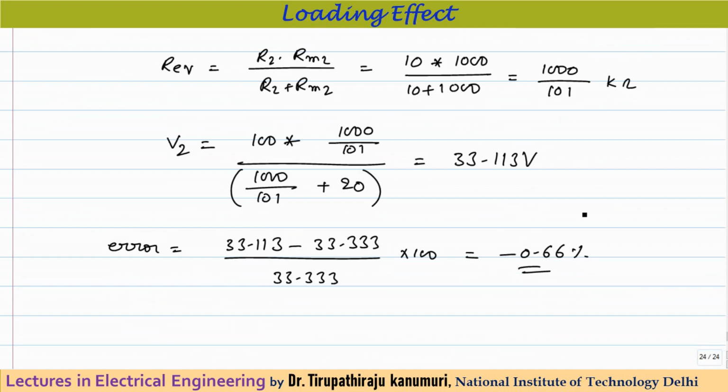Or in other ways, we can tell in another sense, the second instrument has more input impedance when compared to the first voltmeter. So from this we can conclude that the voltmeter having more impedance will have less error compared to the voltmeter having lower impedance, or otherwise in terms of sensitivity we can tell that the voltmeter of higher sensitivity provides more reliable results.